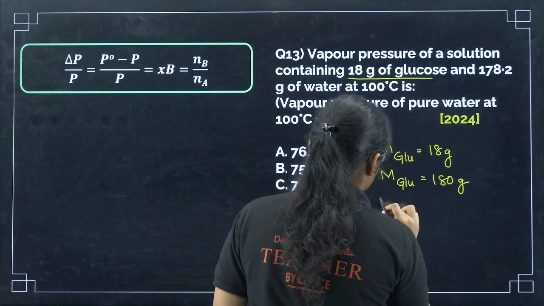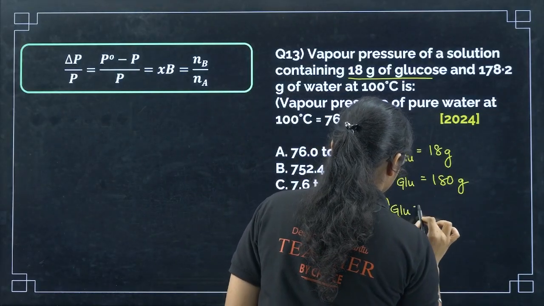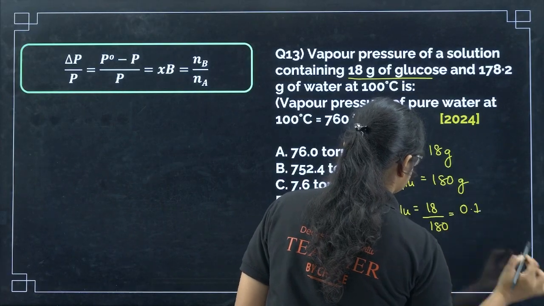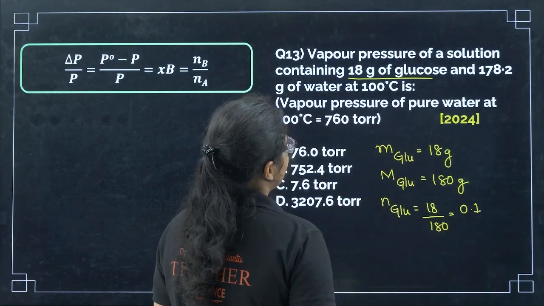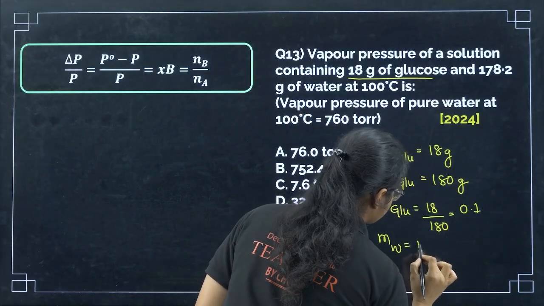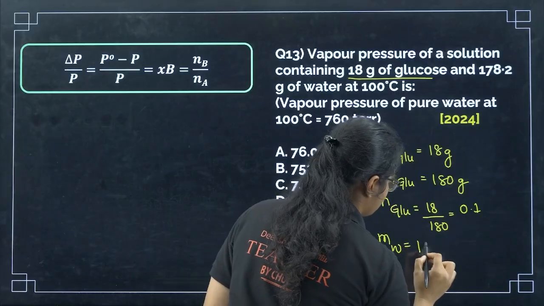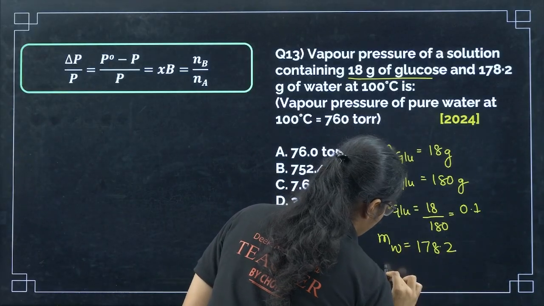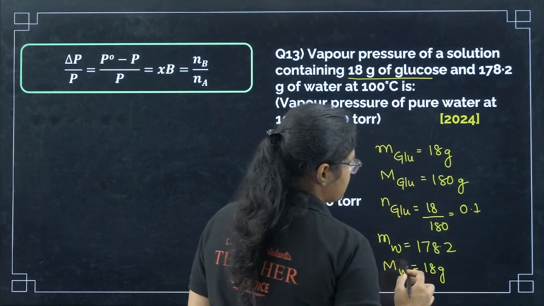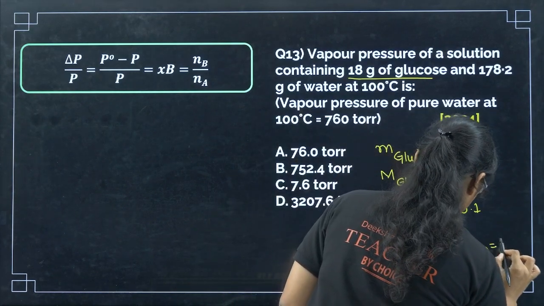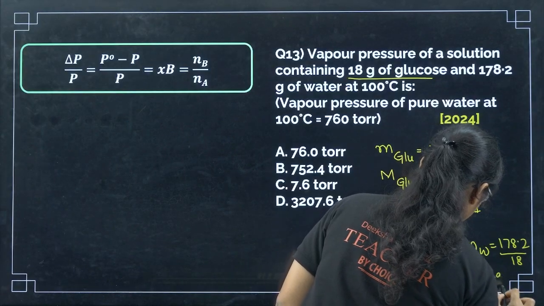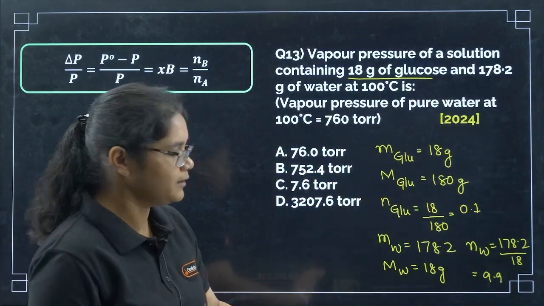Number of moles of glucose is 18 by 180, which gives 1 by 10 or 0.1. Next I have mass of water, 178.2, and molar mass of water, which is 18 grams. The number of moles of water is 178.2 by 18, which is equal to 9.9.